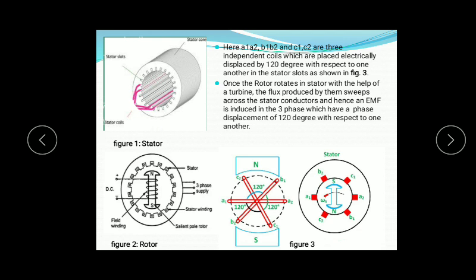The next part is the rotor. The rotor is the rotating part of the alternator, which is represented by two poles, north and south, for the sake of explanation for the generation of three-phase voltage, and which produces constant magnetic flux density as shown in figure 2.